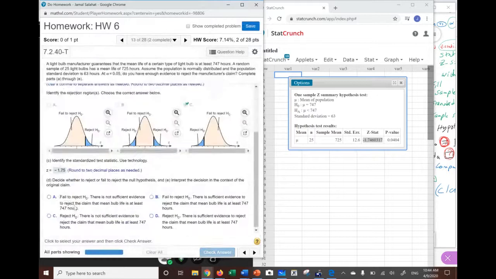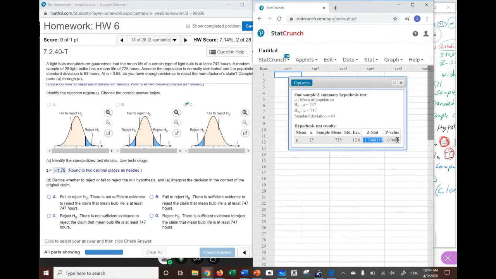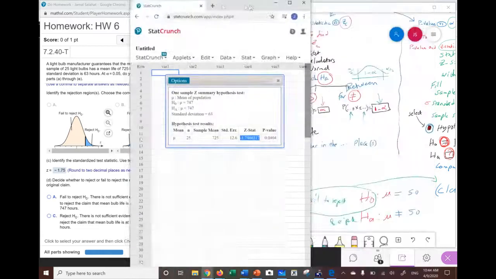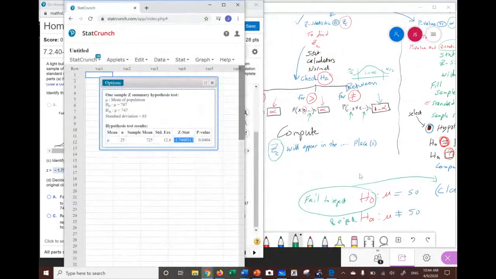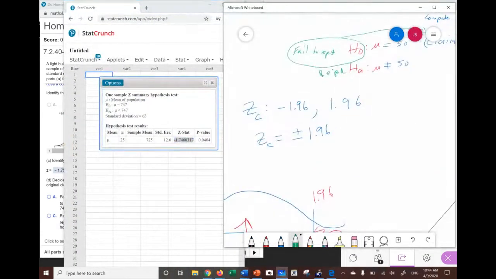And then the next part will be, they want us to decide. Remember, I'm not going to decide based on the Z. I'm going to decide based on 2 things. Alpha is here, 0.05, and the p-value here, which is 0.04. So let me go to the decision here and show you what I do.